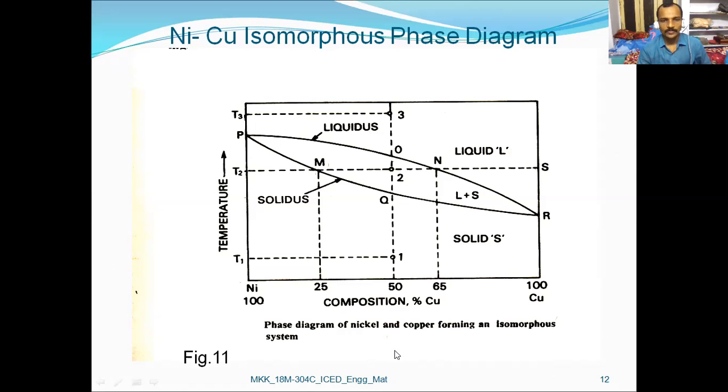Now let us see here, nickel 100 to 25 at a point M. From T1 to T2 it is solidus, and above, at T3, it is liquidus. And from 65 to 100, below R it is solidus, and above S it is liquidus, nothing but the liquid phase.